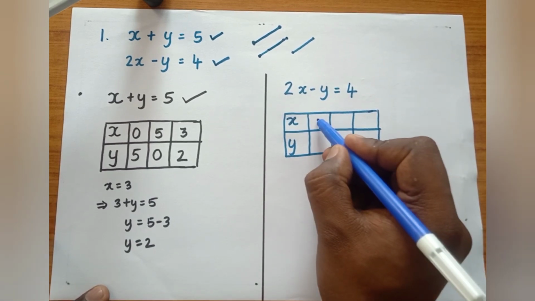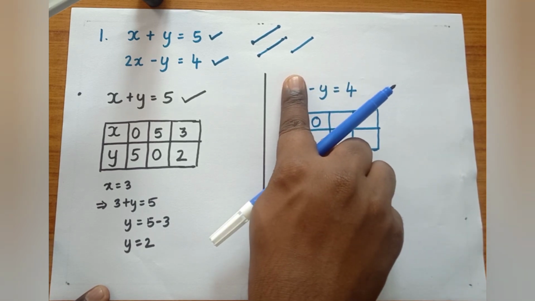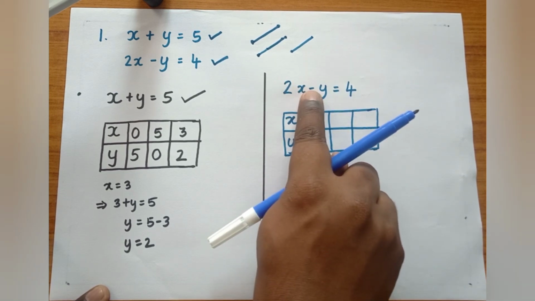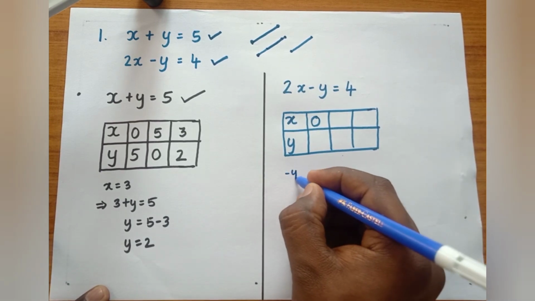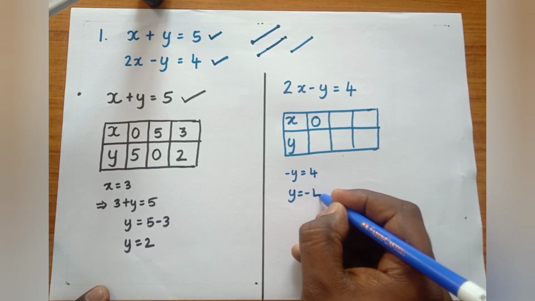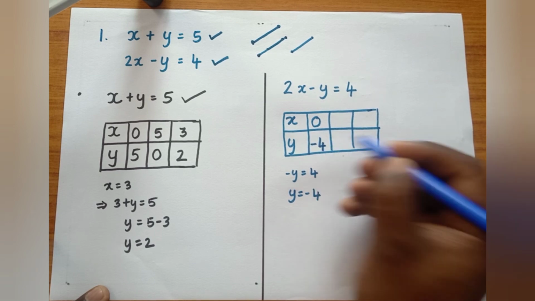Now in the same way, I'll put x as 0. If I put x as 0, we get minus y equals 4. Don't be confused with the sign. Minus y equals 4, or y equals minus 4. When x is 0, y is minus 4.